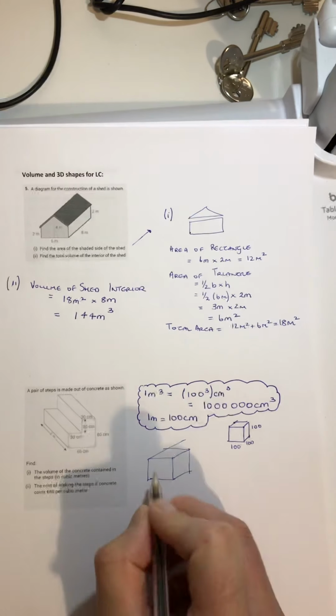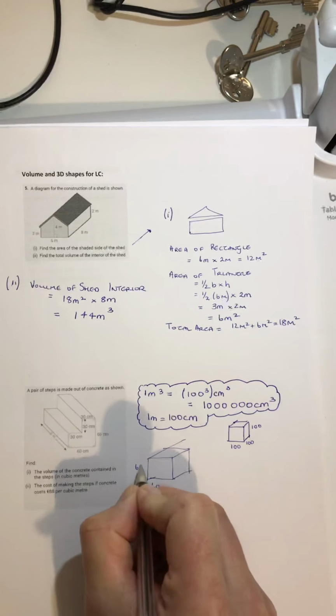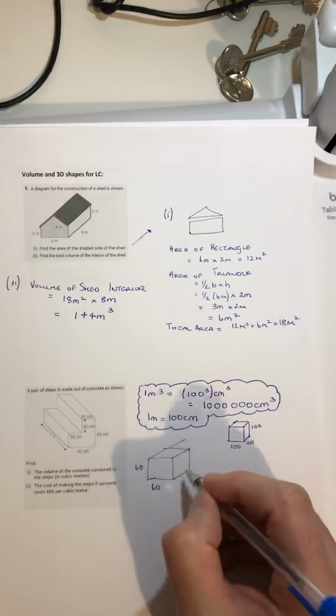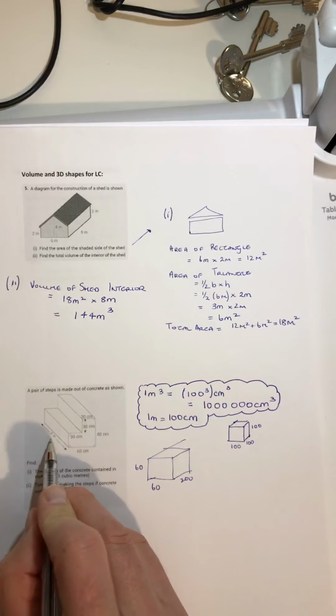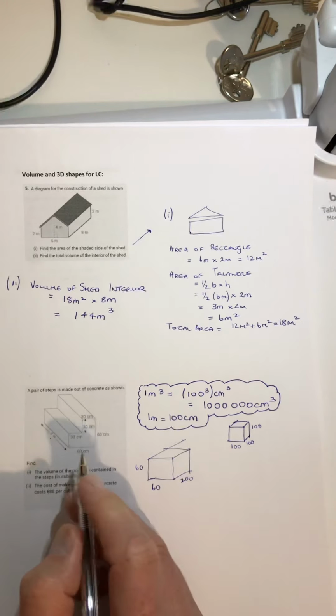60 by 60, and it's 200 because it says 2 meters long, so that's 200 centimeters.